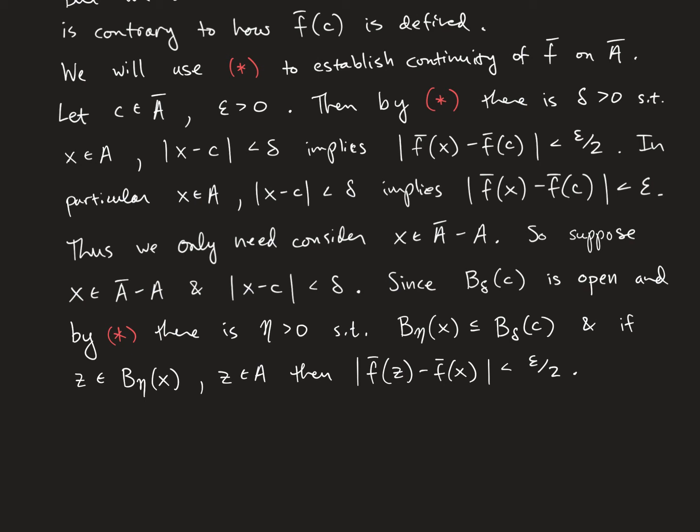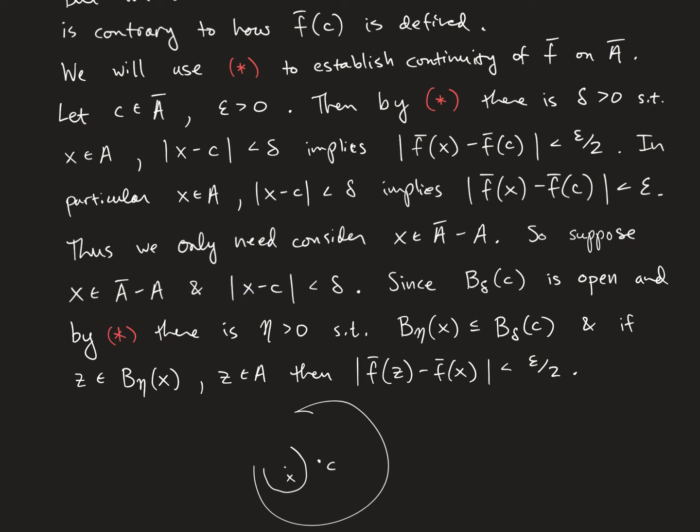Okay, so we have that, and now what we're going to use is, again, using my picture, here's x, we have our ball here. Since x is a limit point of A, it's in the closure of A minus A, so it must be a limit point, we can find some z which is in A in that ball.